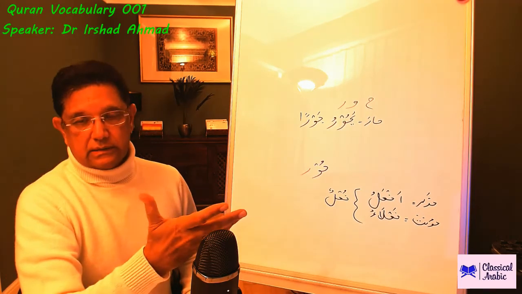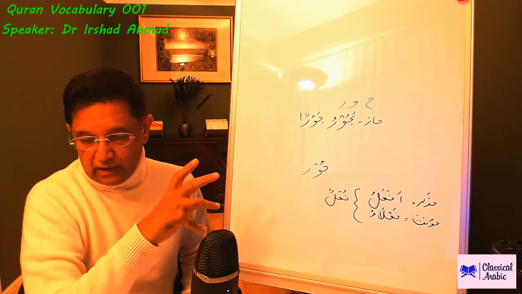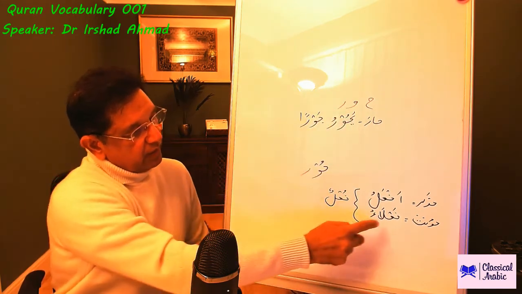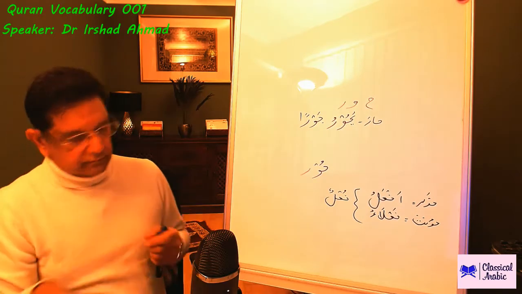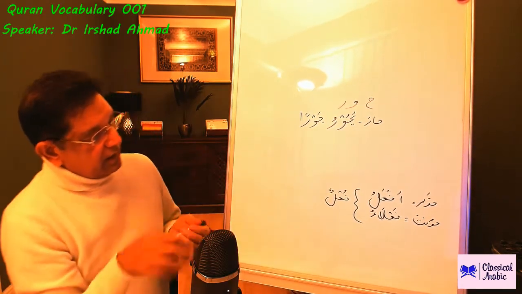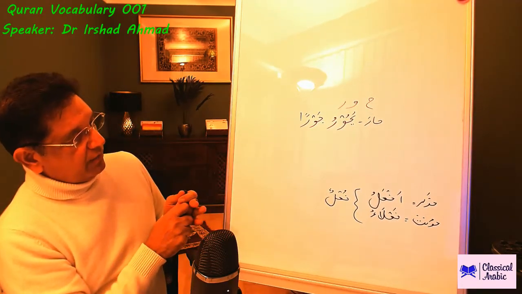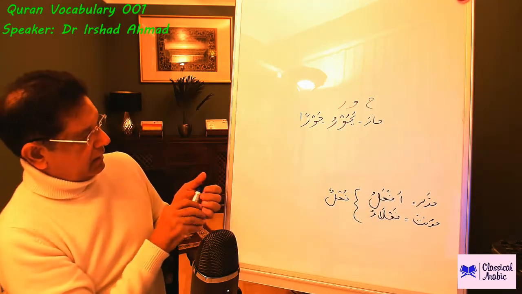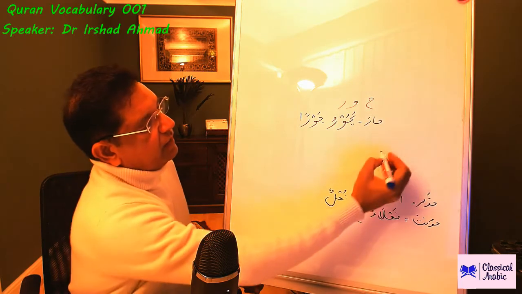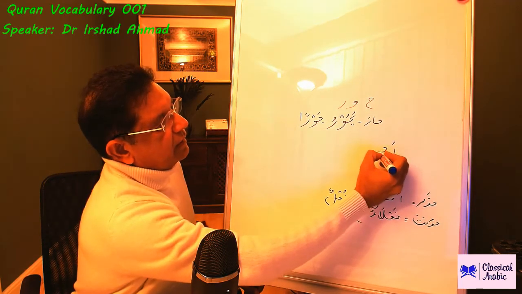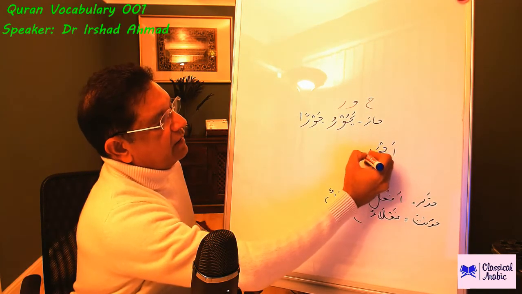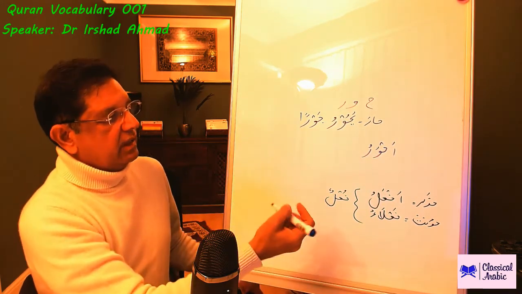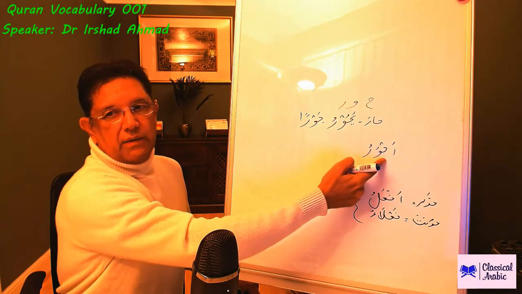Okay, so if we put that hawaro in this pattern, af'alu, it will be ahwaru, which means ahwar, if we stop it here, a male or a man with beautiful eyes.